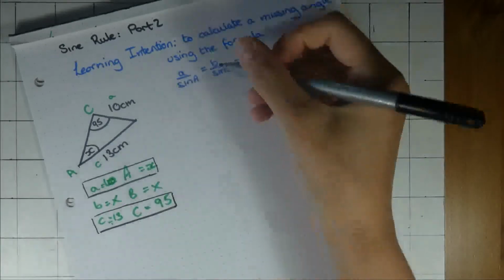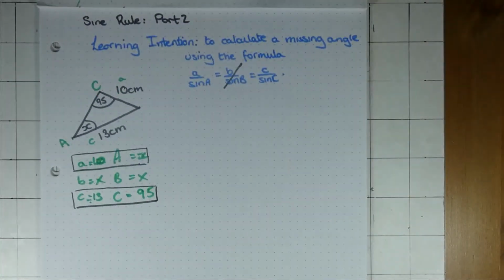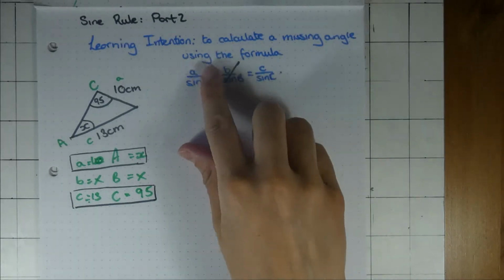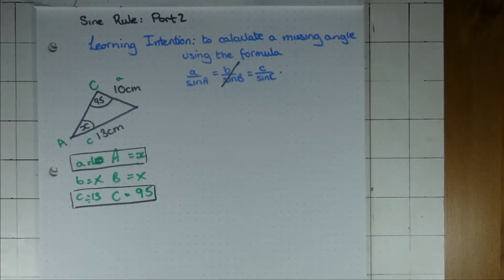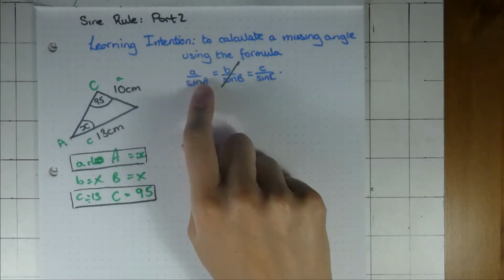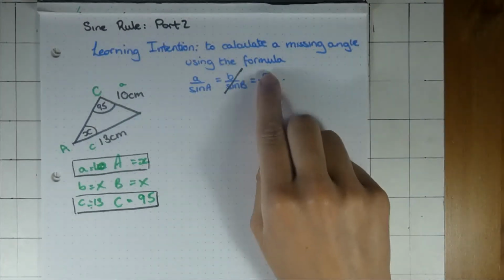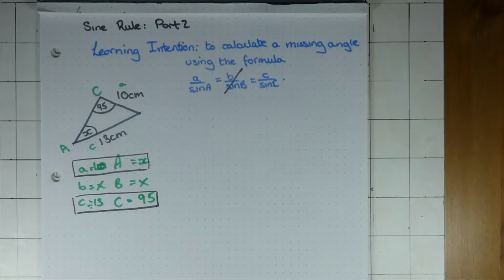We don't have B, so we're not going to use B. So once you've said that to yourself, this is the little trick. To save you having to do rearranging later, or something called cross multiplication, we are actually allowed to flip this entire equation on its head, okay? So instead of having A on the top of this fraction, we're going to have sine A, and instead of having C on the top of this fraction, we're going to have sine C.